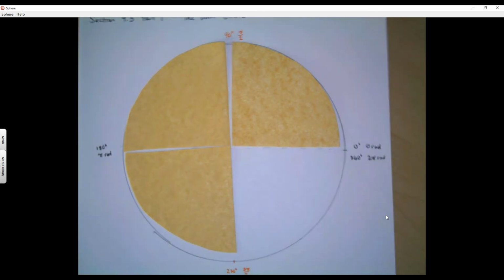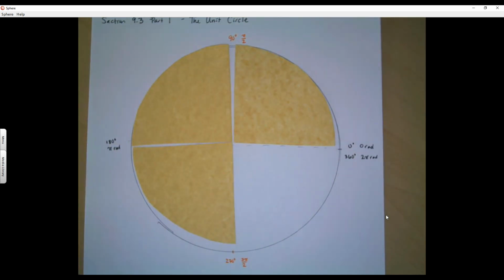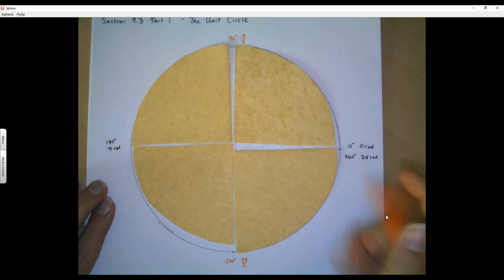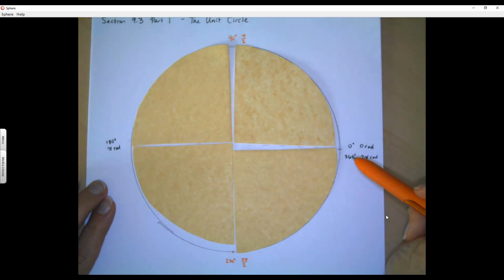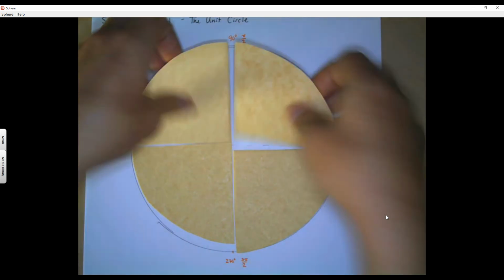Okay. And then if we added a fourth piece, 4 halves of pi, 4 over 2 is the same as 2 pi. Okay? All right, let's try a different fraction.